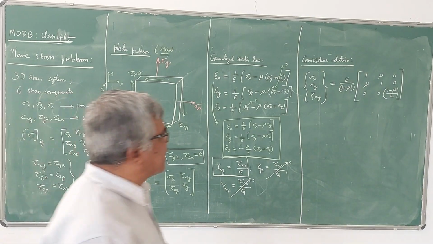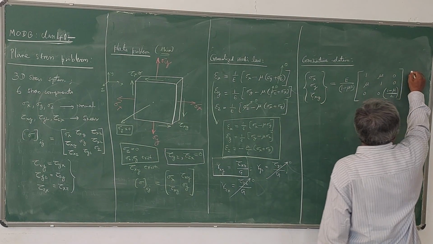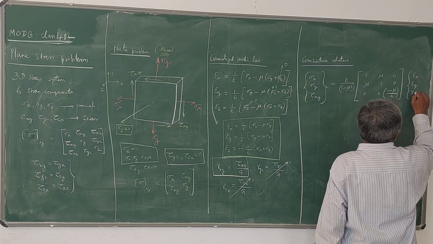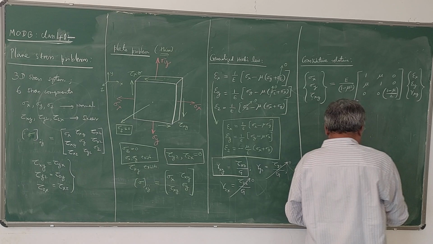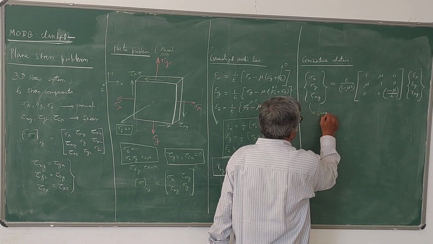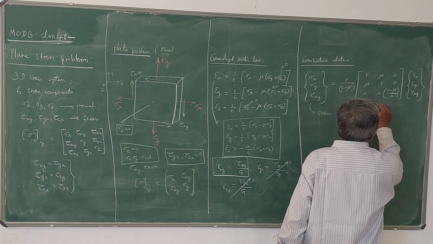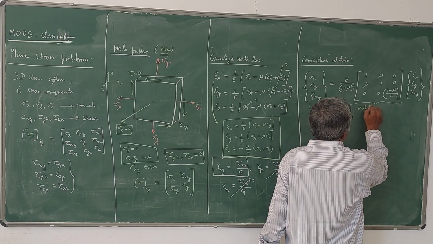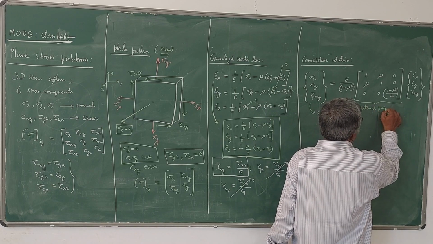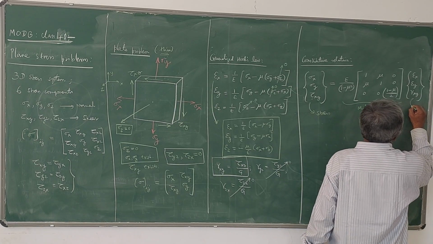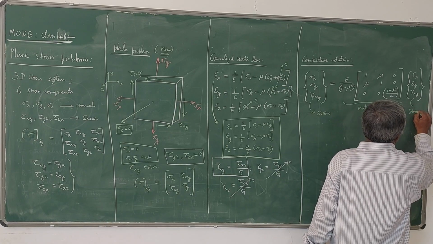multiplied by the strain matrix, epsilon x, epsilon y, gamma xy. Please note that the first one is the stress matrix, whereas this entire thing is the material property matrix, which is constant, and this one is the strain matrix.